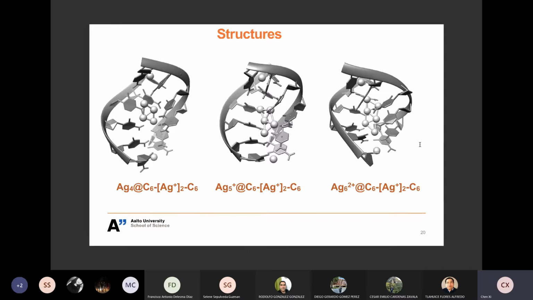Okay, so here is the structure we find from simulation. We can see from left to right, they can form silver 4, silver 5, and silver 6 clusters in DNA. And they all have this 2-row and planar structure.